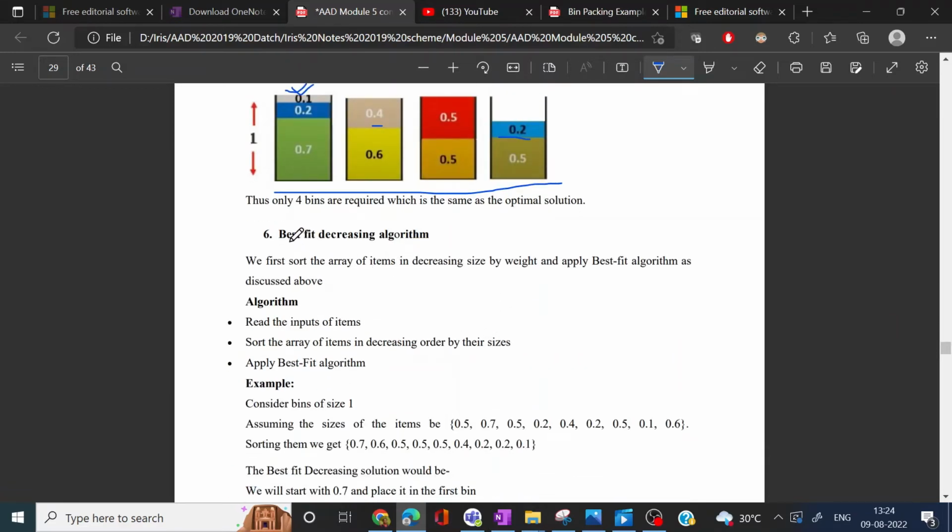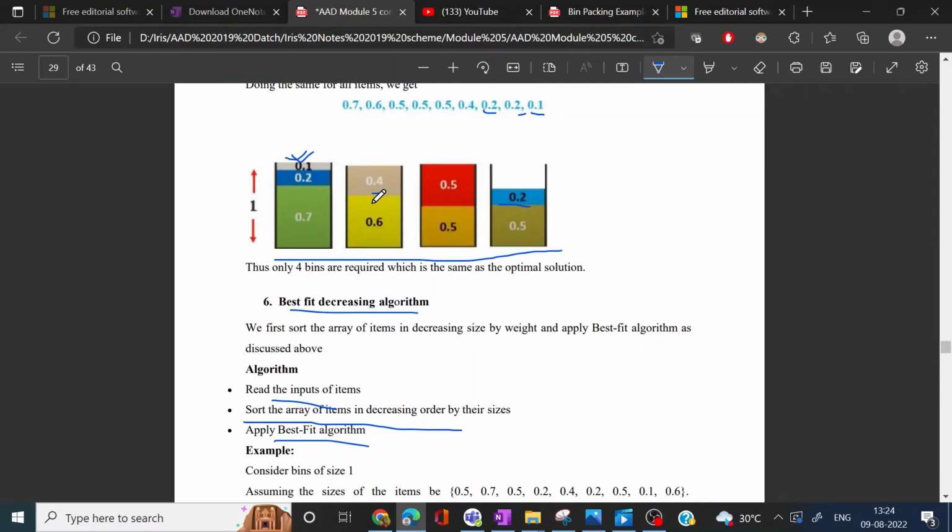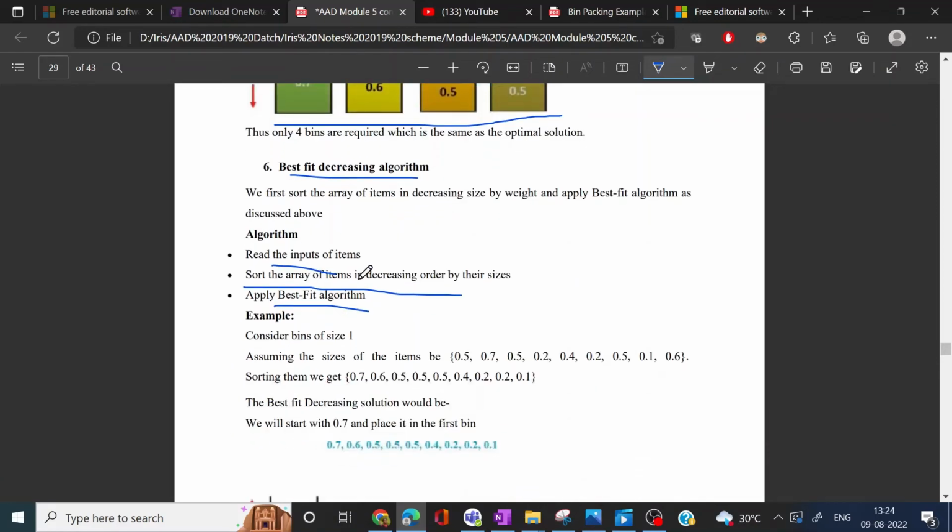Similarly, the best fit decreasing algorithm works like this: read the inputs of items, then first sort the array in decreasing order by their sizes, then apply the best fit algorithm. So in first fit decreasing, after sorting, it will apply the first fit algorithm. In best fit decreasing, after sorting, it will apply the best fit algorithm.